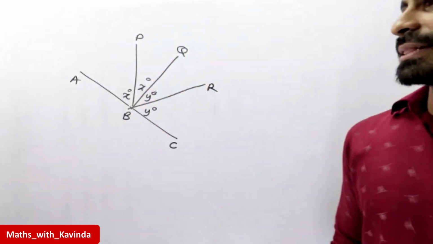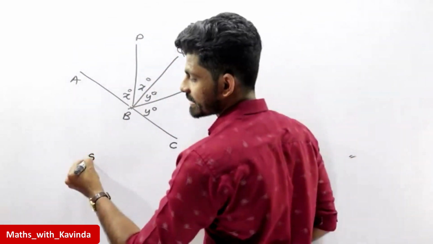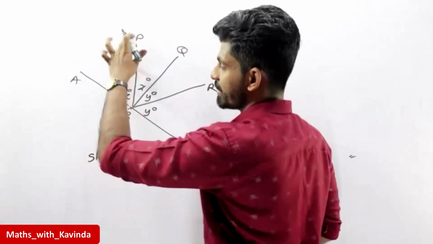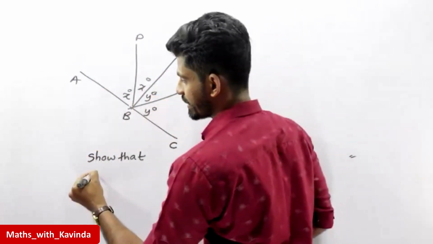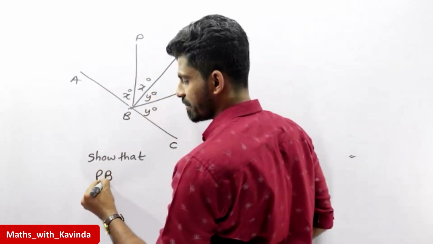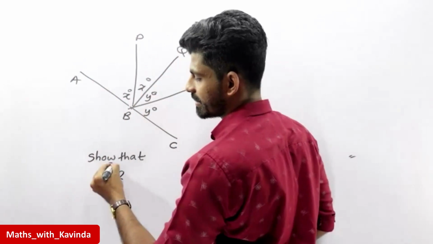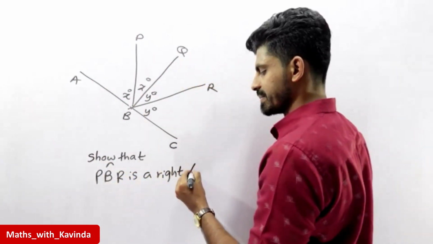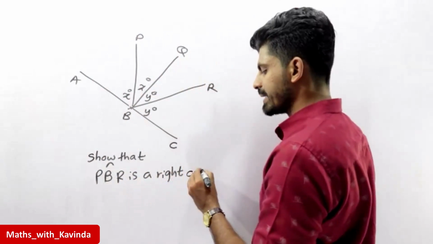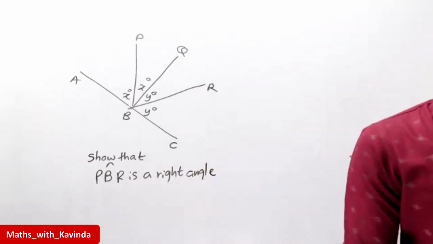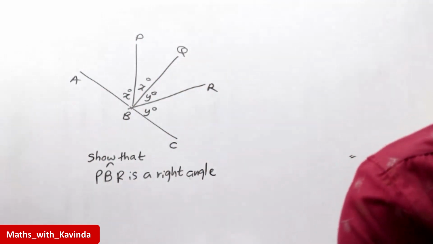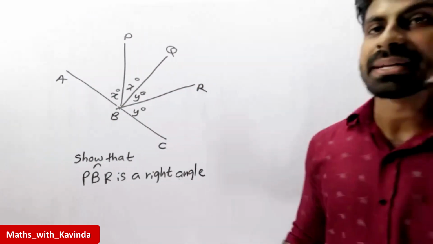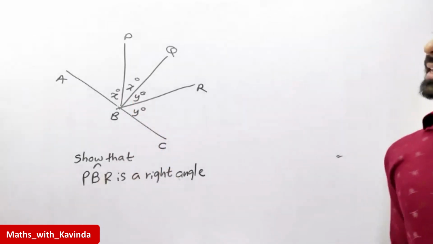Then we need to show that PBR is a right angle. PBR is a right angle means 90 degrees. Right angle means 90 degrees.